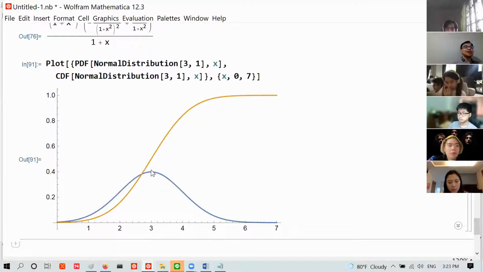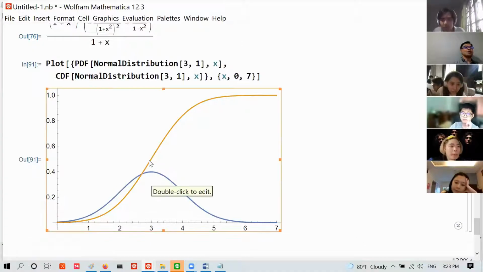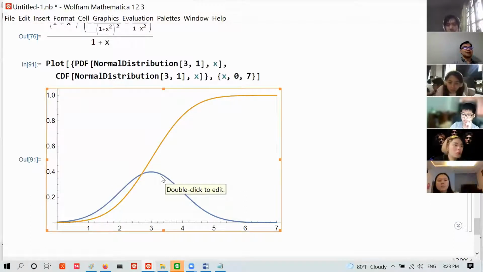It is equal to the integration from 2 to 3. Now this function is the integration. So the area between 2 and 3 is equal to this point minus this point. So this width here will be your probability. And if you think about it, this is your probability distribution function, the blue one here.